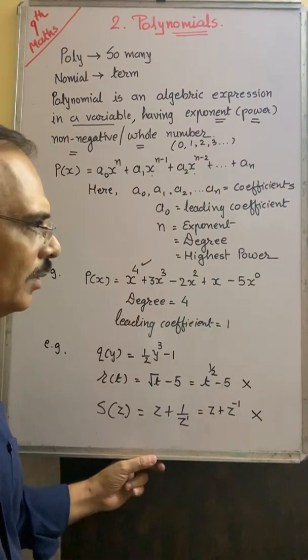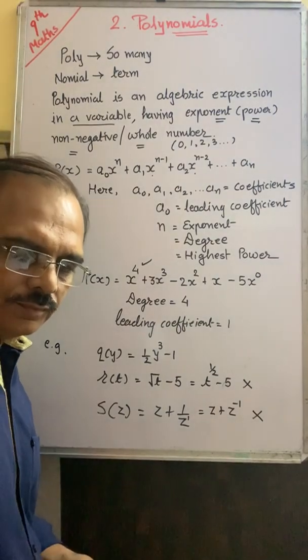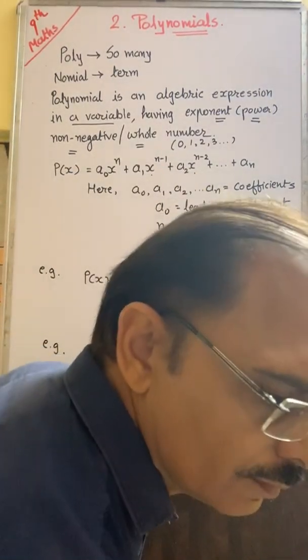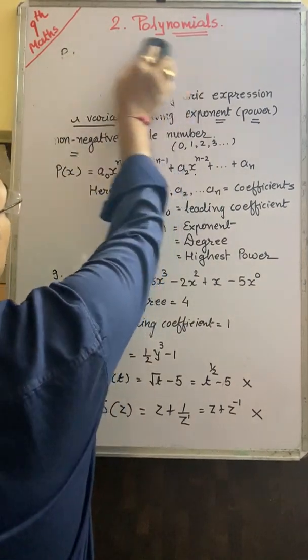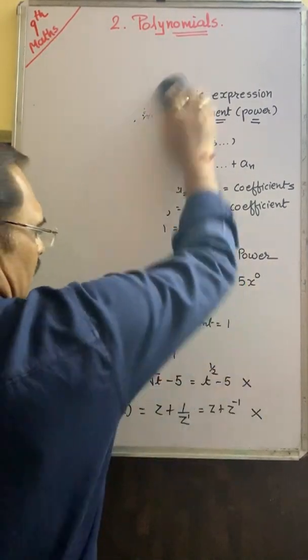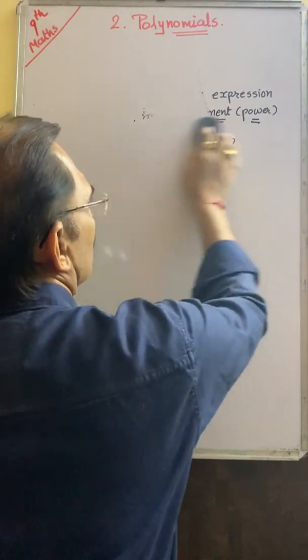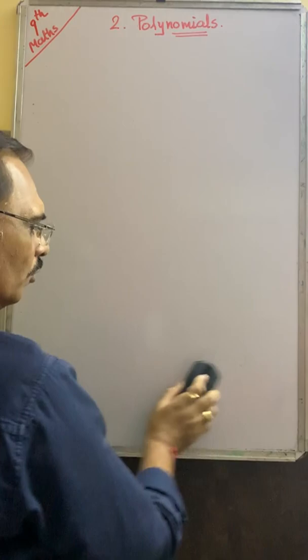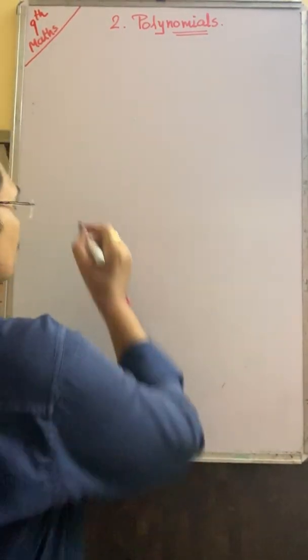Okay, now types of the polynomial. Mainly 4 types, but you are going to learn only 3 types.